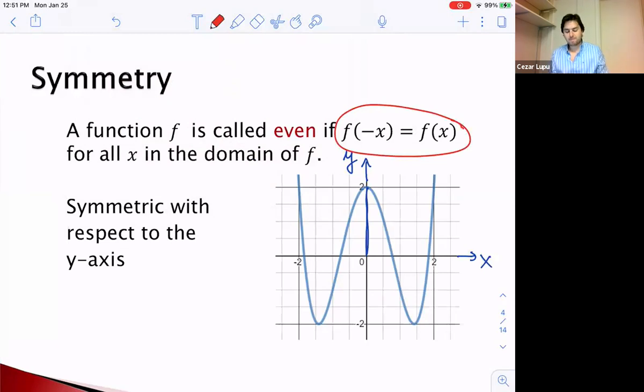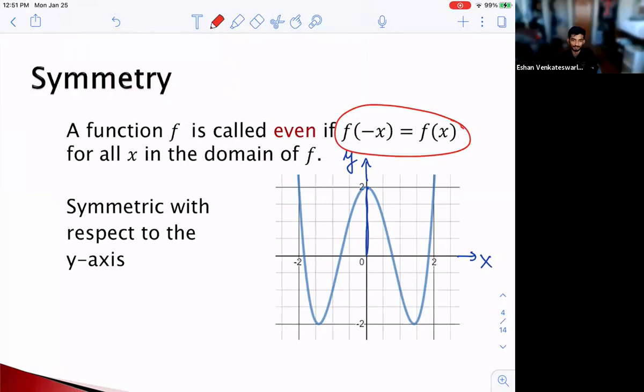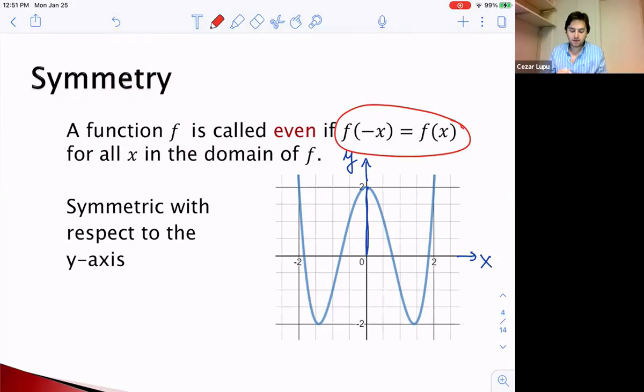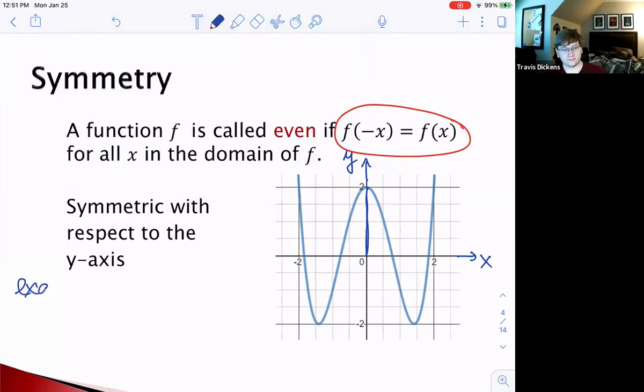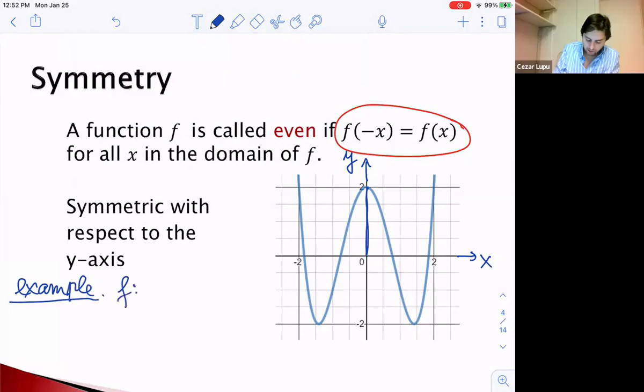All right. Now, I have a question. Can somebody tell me an example from the top of your head of an even function? Quadratic. The simplest quadratic function, right? So let's see. Example: f defined on R, real valued, f of x equals x squared.